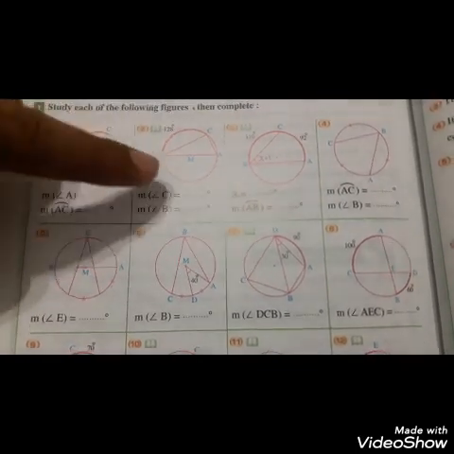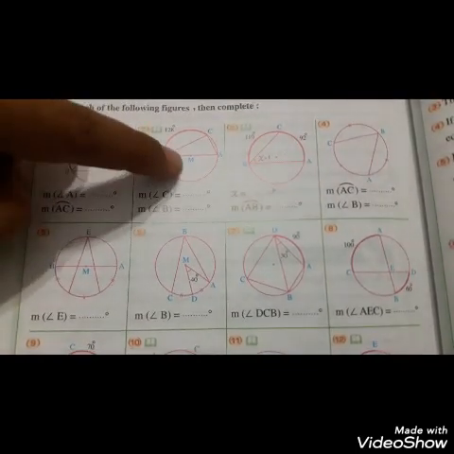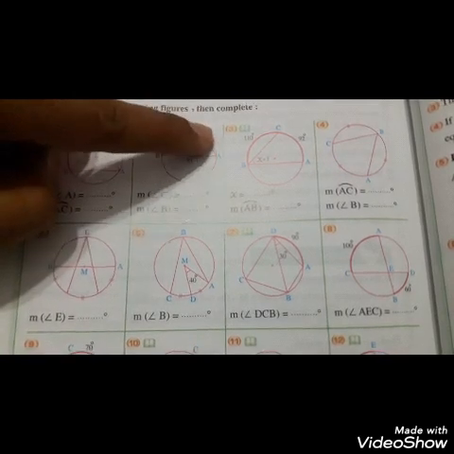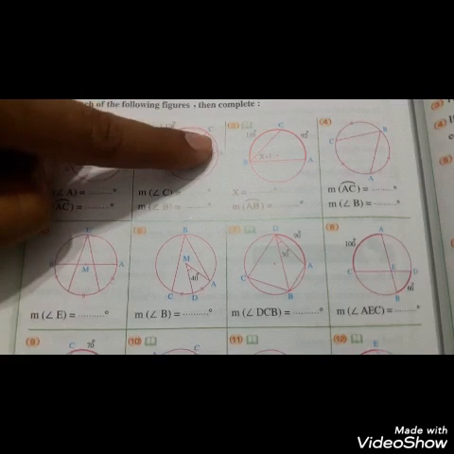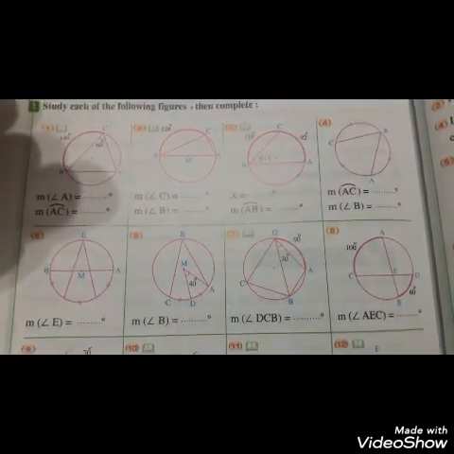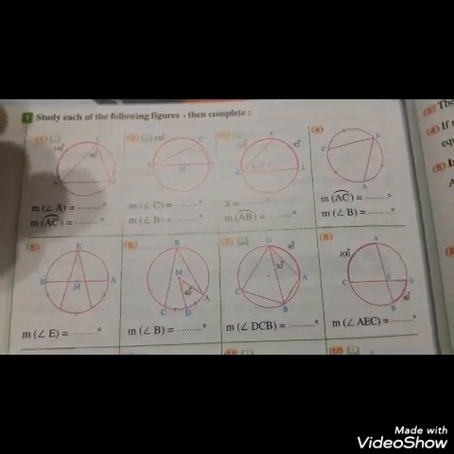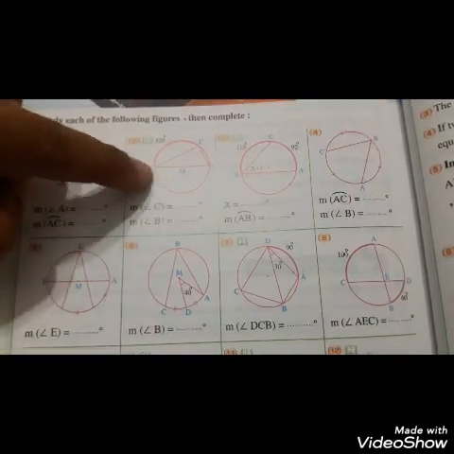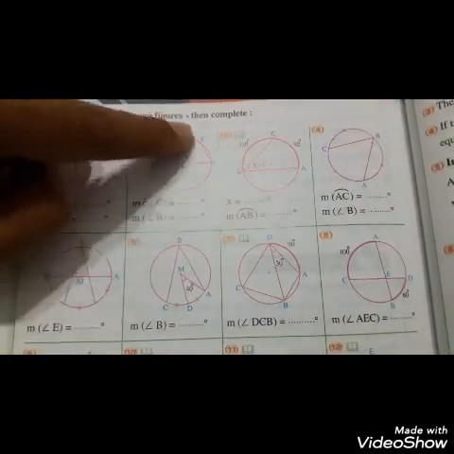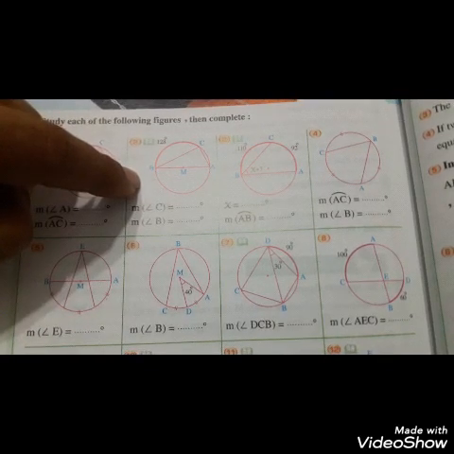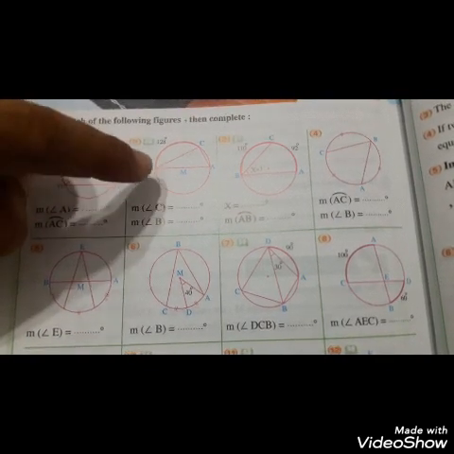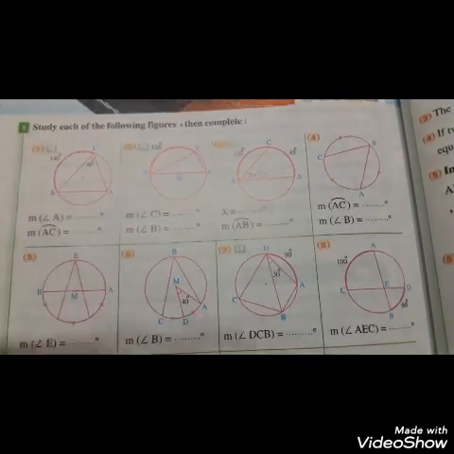If you want to get the measure of the angle B, then we must find the arc AC. The measure of the arc AC: how? By subtracting from 180, the measure of the arc AB, 180 minus 128 to get the measure of the arc AC.